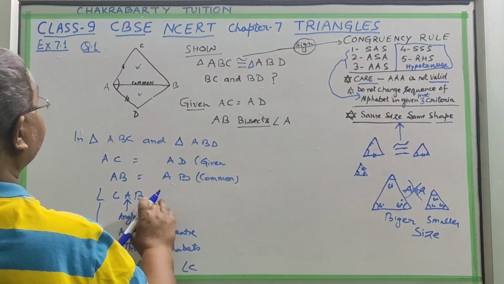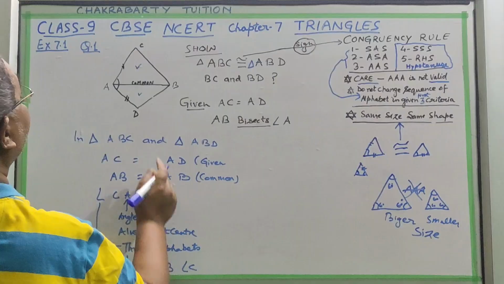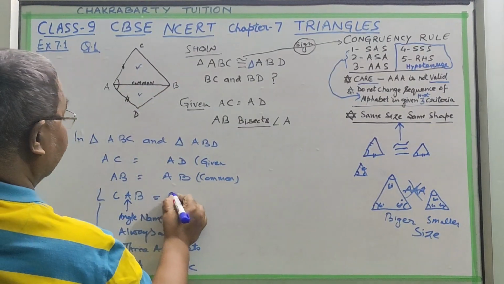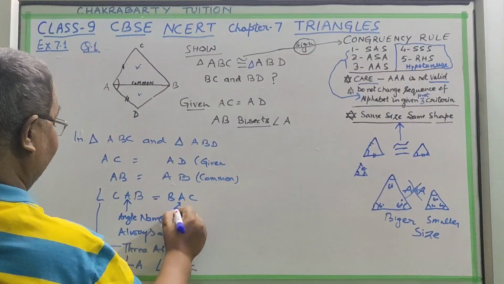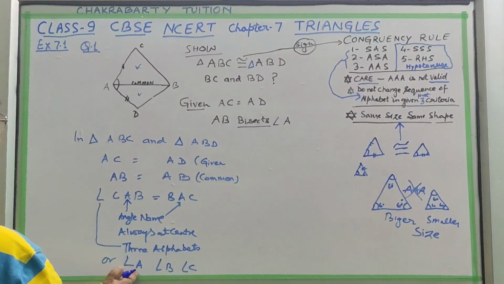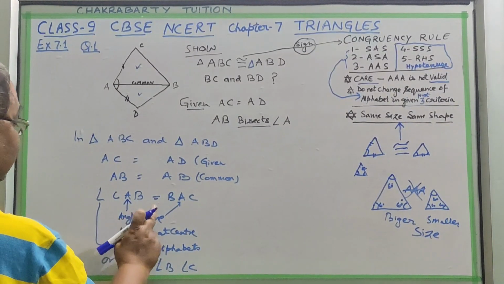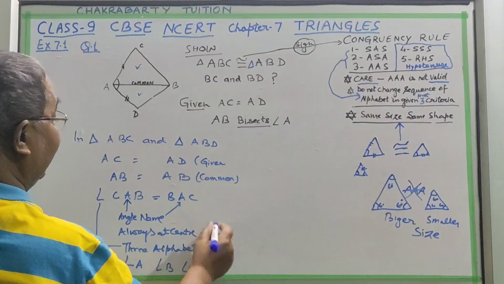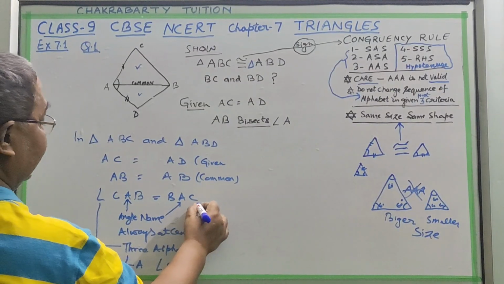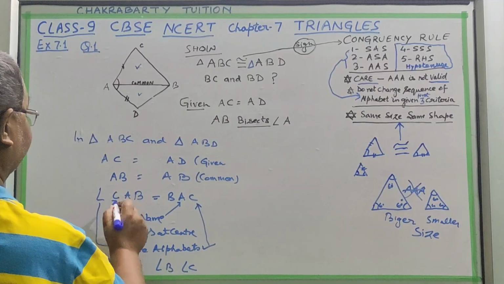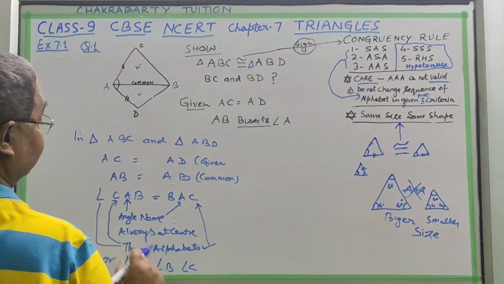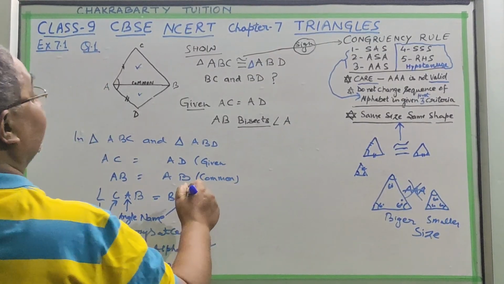I will just go on writing because it takes so much time to explain. Now angle CAB is equal to angle BAC, here A is common. That's why we have not used angle A alone; we have used three alphabets, otherwise we cannot differentiate. And why is it so?